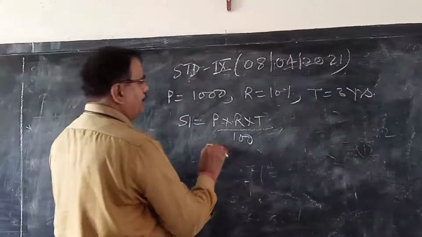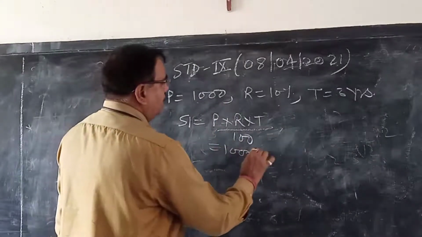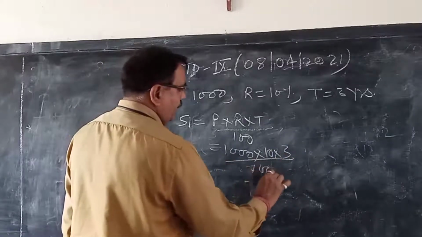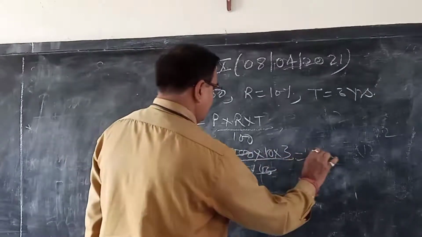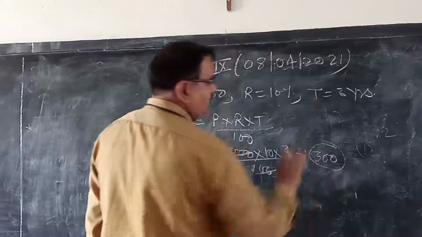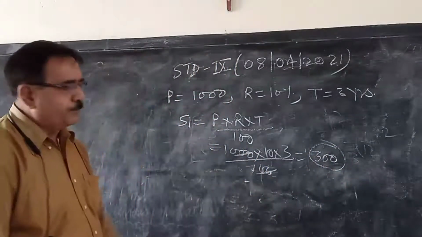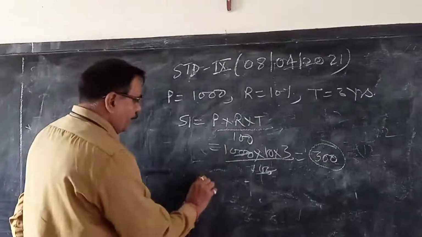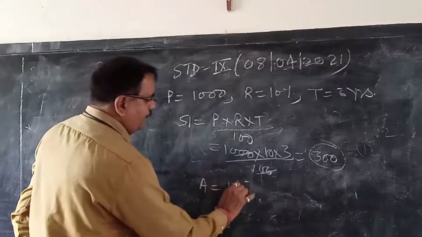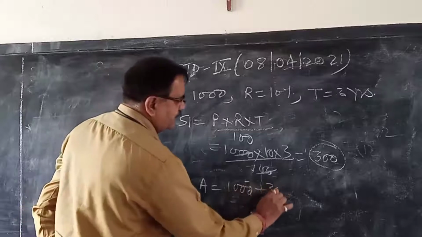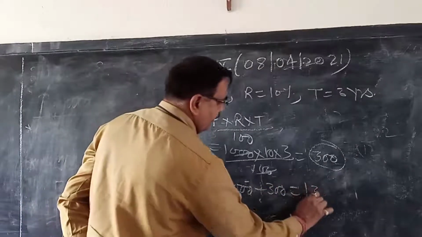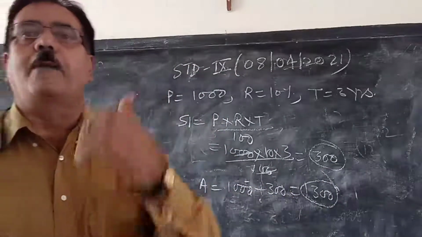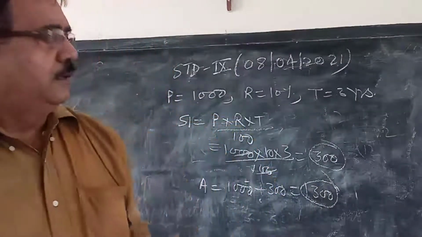Principal is rupees 1000, rate is 10%, time 3 years, by 100. Cancel. This is 300, the interest. Simple interest is 300. What is the amount? 1000 plus 300, that is 1300. This much amount you will receive after 3 years.